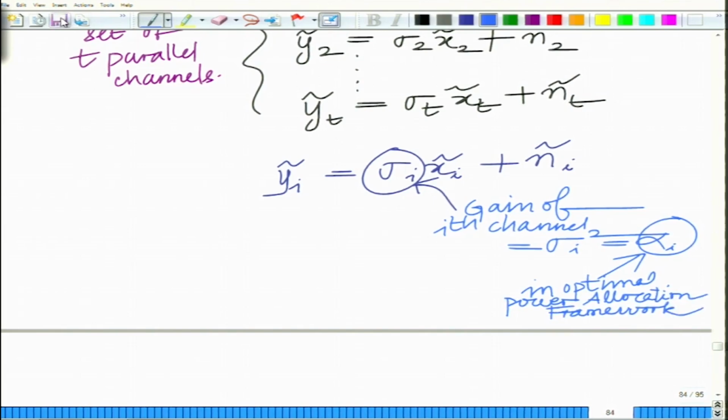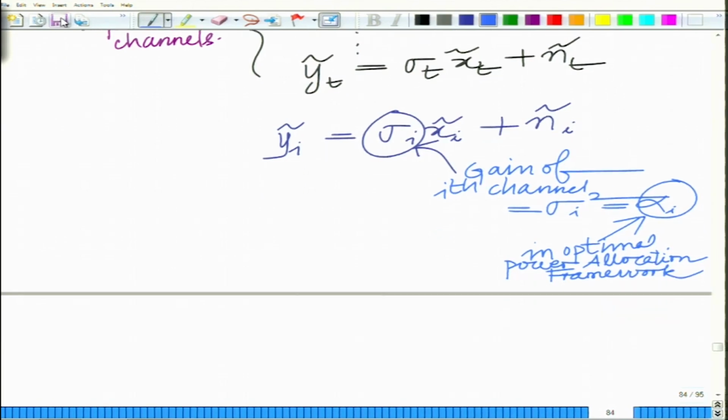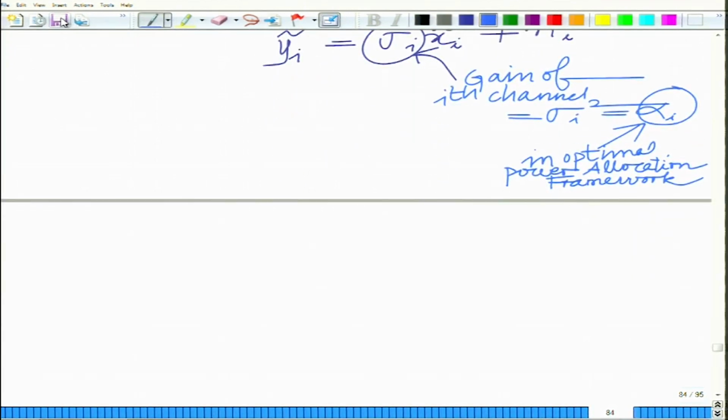For the optimal power allocation framework, alpha i is sigma i square.